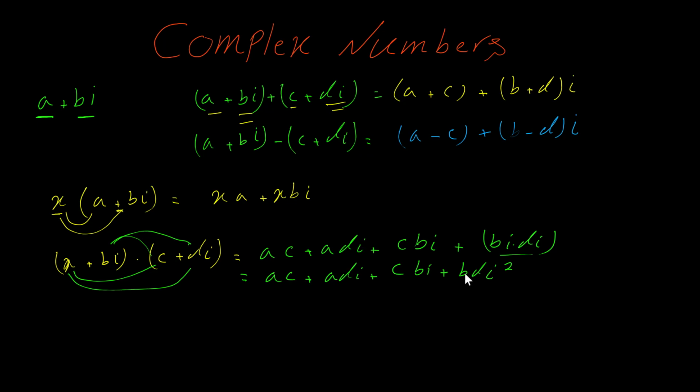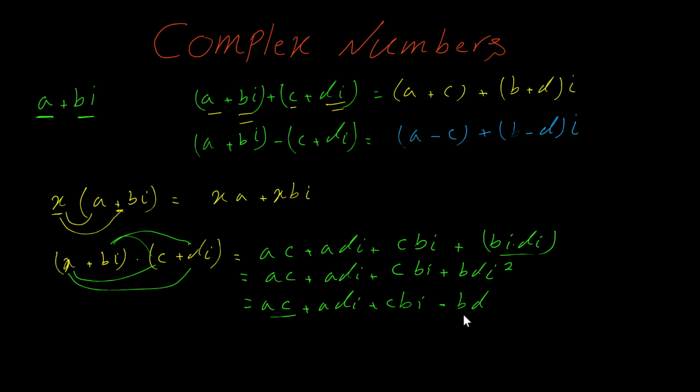Now, we can again simplify this one. i squared is equal to -1. And if you put the -1, what do we get? So ac plus adi plus cbi minus bd.